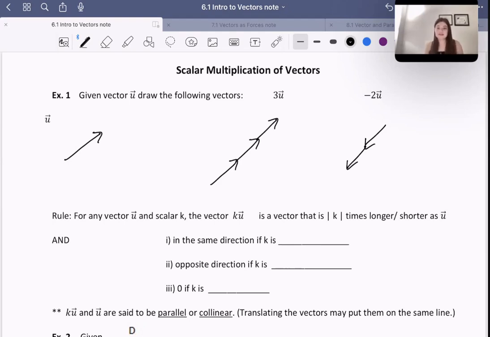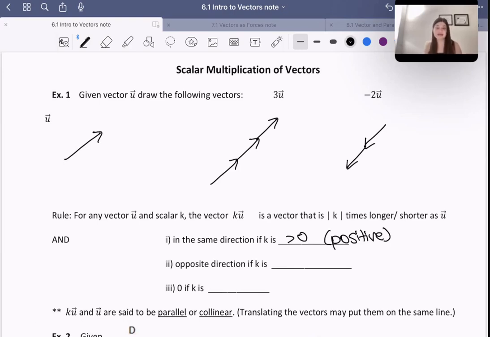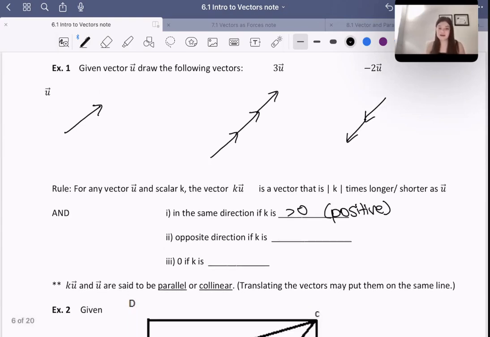So if it's in the same direction, then k would be greater than 0, right? If k is a positive number, or I'm going to put in brackets positive, then that means that it's going to go the same direction, right? If it is the opposite direction, it'll be less than 0 or a negative number, right? We had the -2 vector.